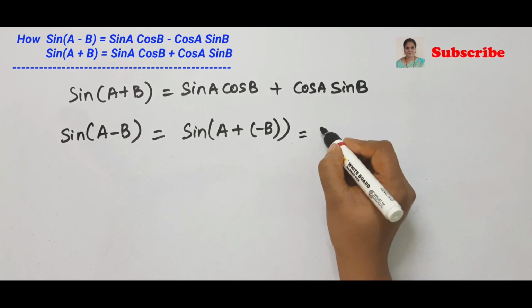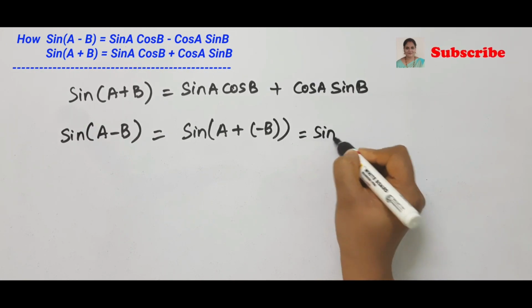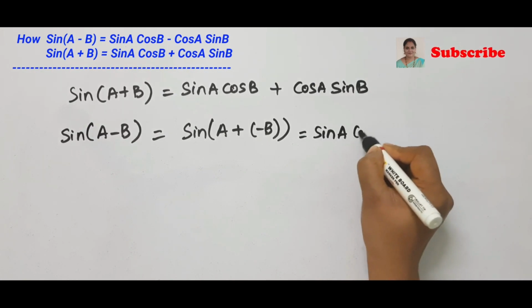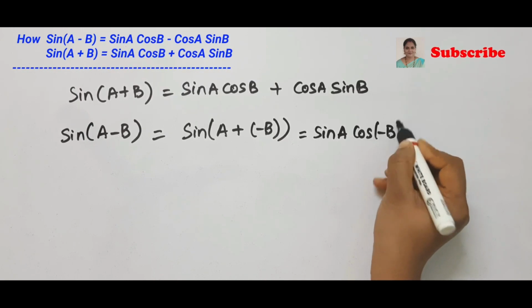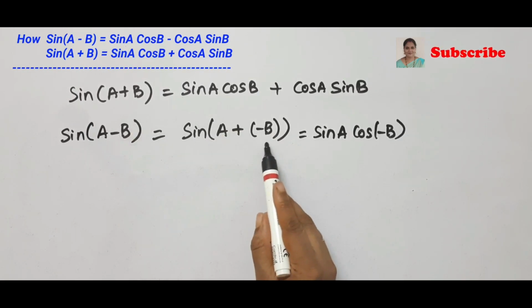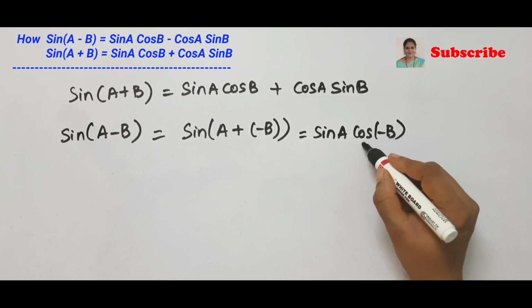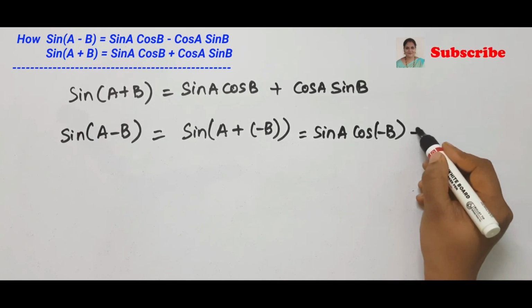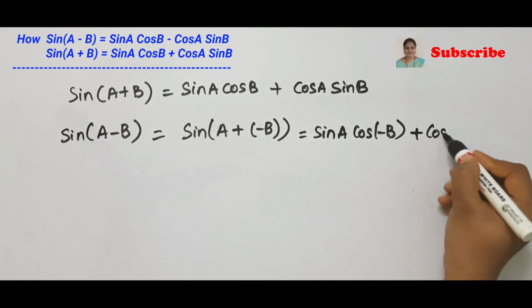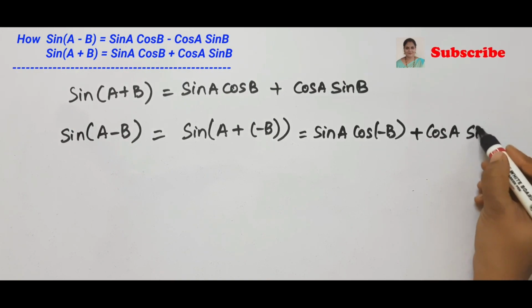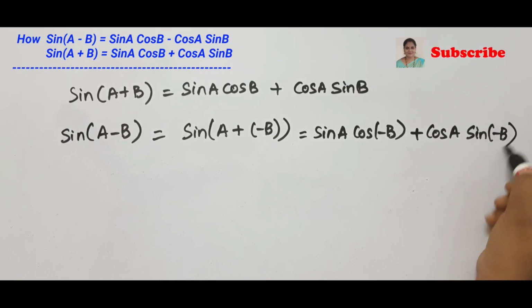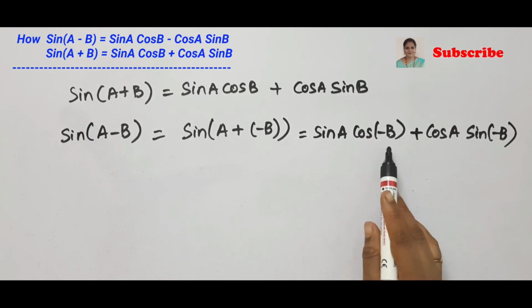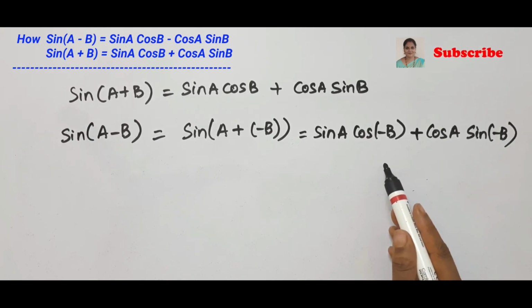So this becomes sin A cos of minus B. In place of B, here it is minus B, is it not? So here we have to write cos of minus B plus cos A sin of minus B. Now, using the signs of trigonometric ratios concept, this cos of minus B is nothing but cos B only, is it not?